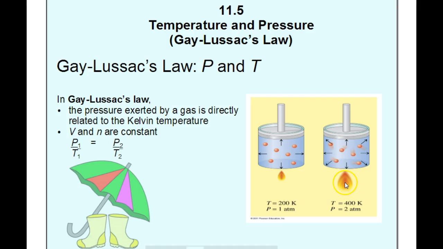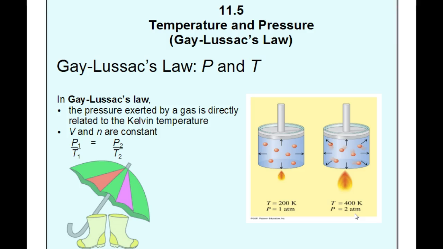When we increase the temperature, the molecules are actually going to speed up in the way that they're moving, and when they speed up, it's going to create more pressure. Look at all the pressure points that we see on here. And our pressure is now going to be at 2 atmospheres.